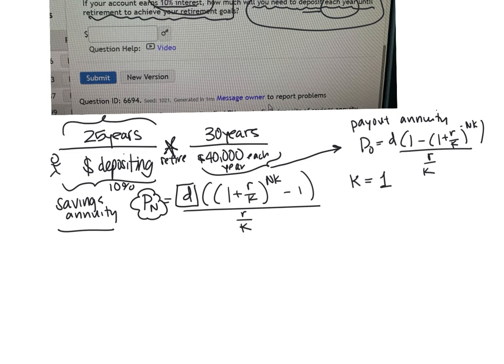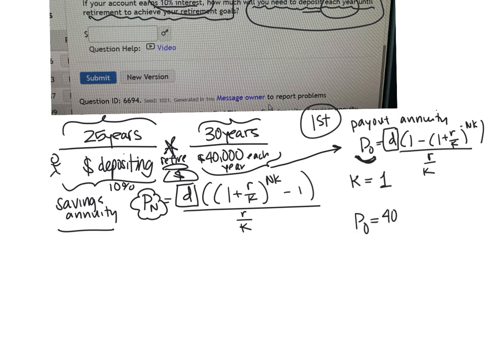The reason we're missing that is that we first need to calculate what withdrawing $40,000 every year requires us to have in our pot of money. That's really what's happening: we're depositing money for 25 years to make this pot of money that we can then withdraw from for the next 30 years. So P naught is the thing we do not know.